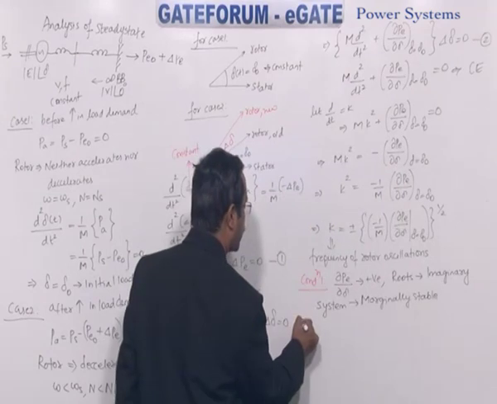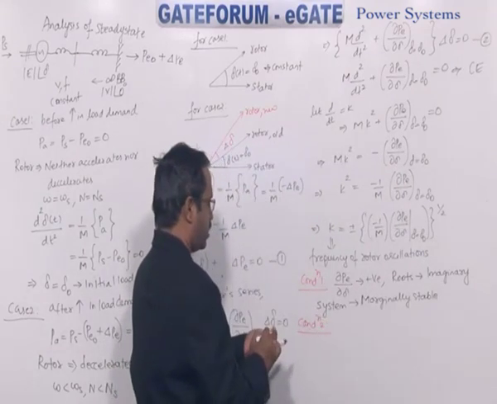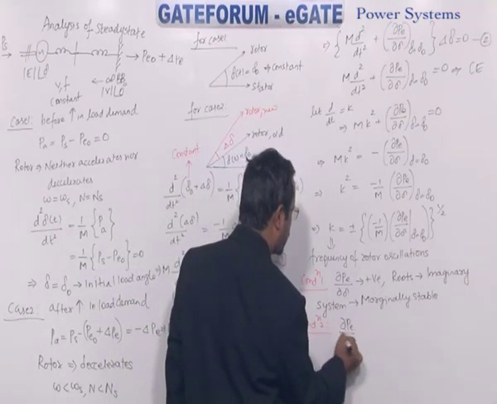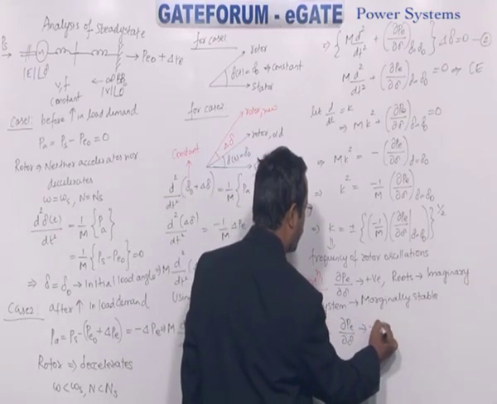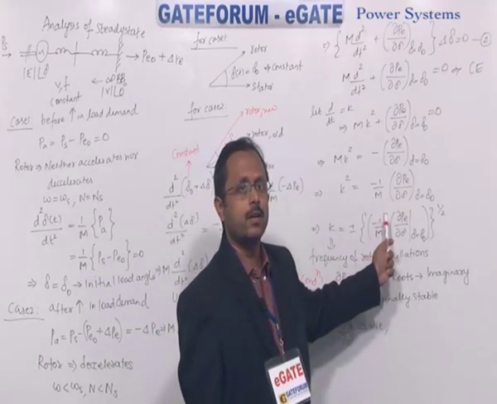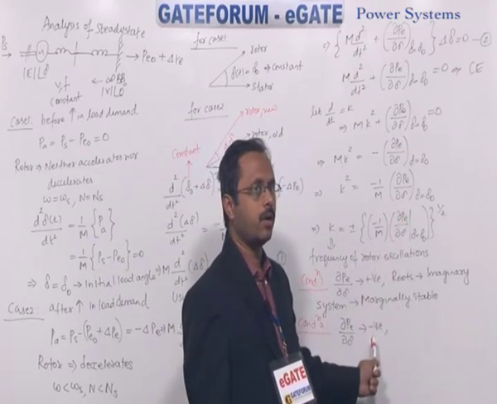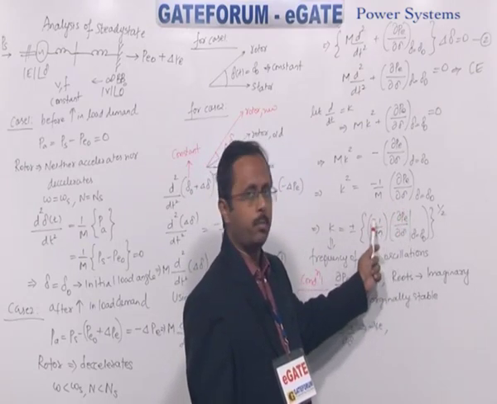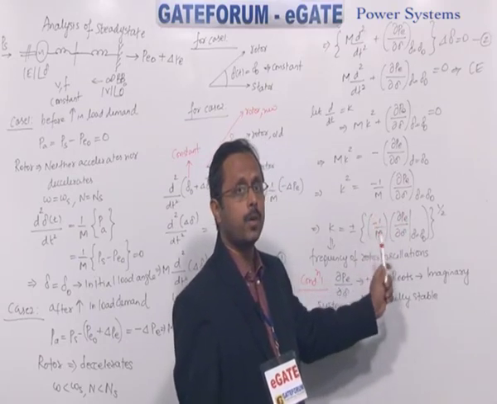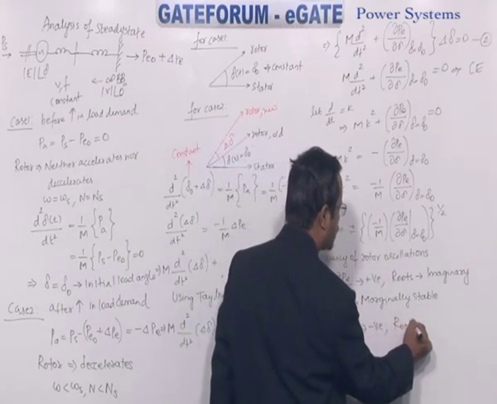Now you refer to the condition where ∂P/∂δ is negative. Already you have a negative sign, and this ∂P/∂δ is also negative now. Negative, negative, how much? Positive. So you are taking the square root of some positive term. So where will you get the roots?